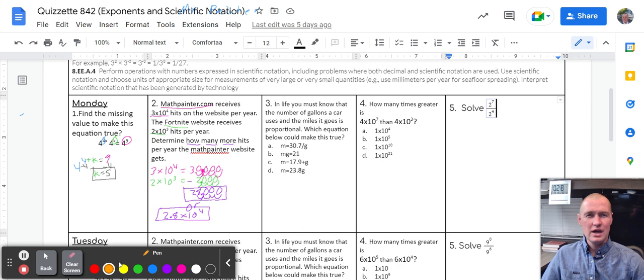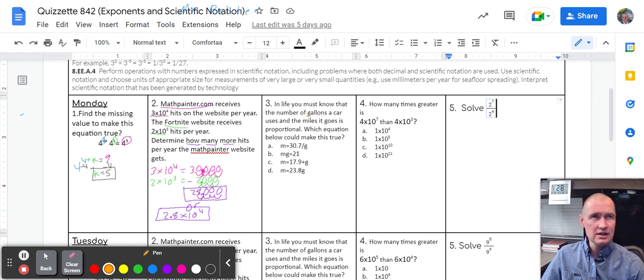All right. Number 3. In life, you must know that the number of gallons a car uses and the miles it goes is proportional. Which equation below could make this true? All right, let's take a look.